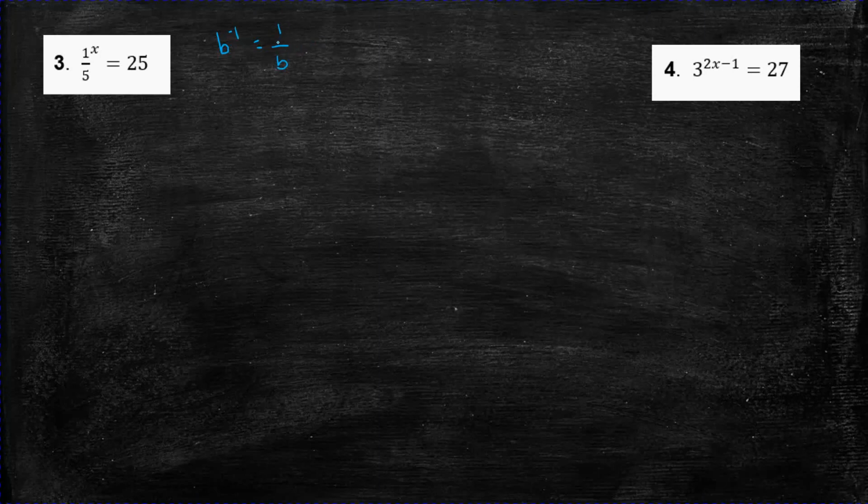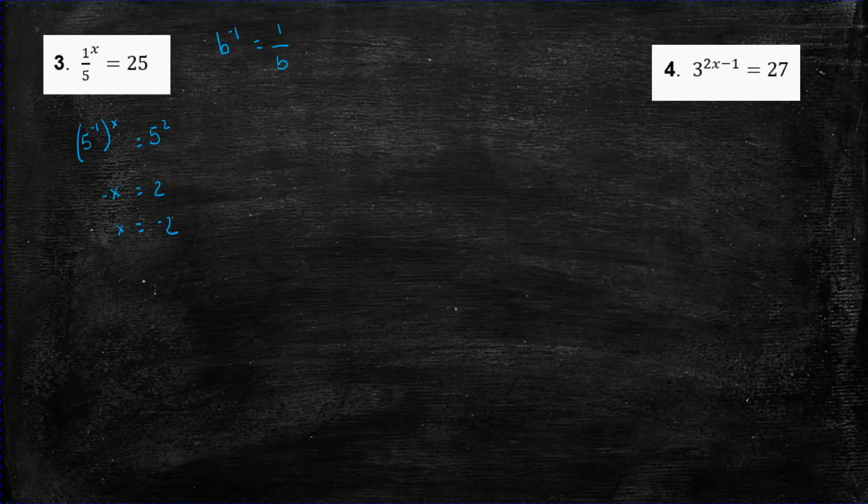So basically, you just take the inverse of it. If I want to make this a 5, I'm going to have this as 5 to the negative 1, and all that to the x power, equals 5 squared. So now I have negative x equals 2, or x equals negative 2.